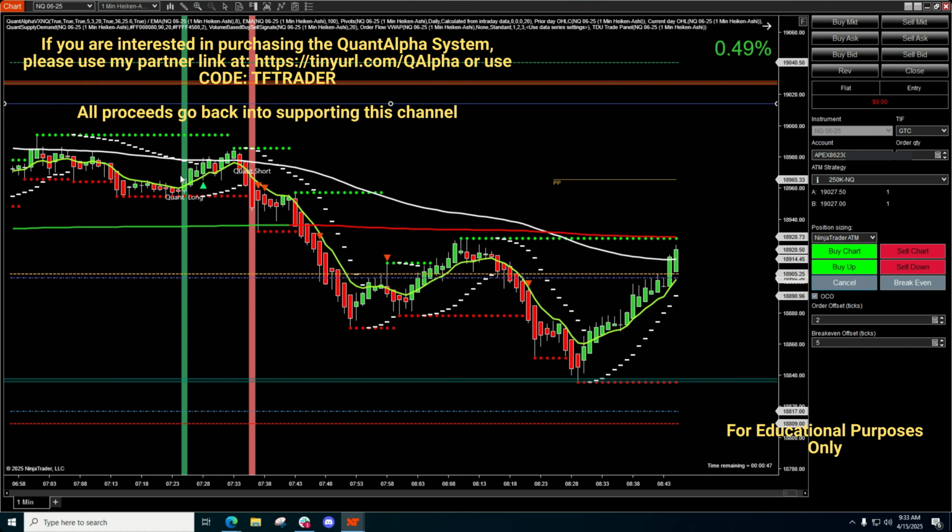So S2 again would be you get the Quant long, which we did here, but it must be above the 100 EMA, and you wait for this high volume arrow to appear, and it must close above the 100 EMA. The third component is it must have at least 80 ticks to the next area of resistance or support. So that's an S2 trade.